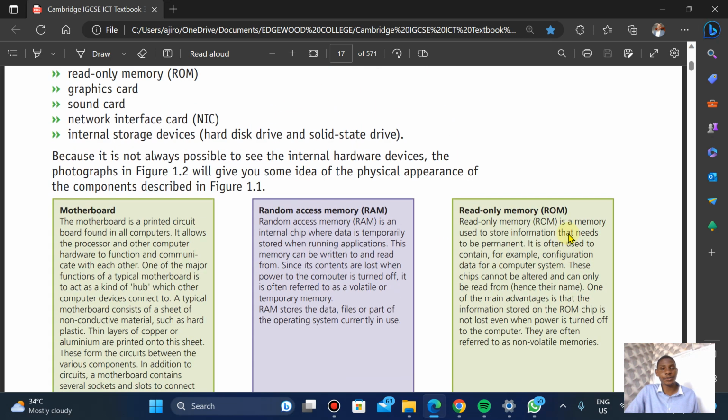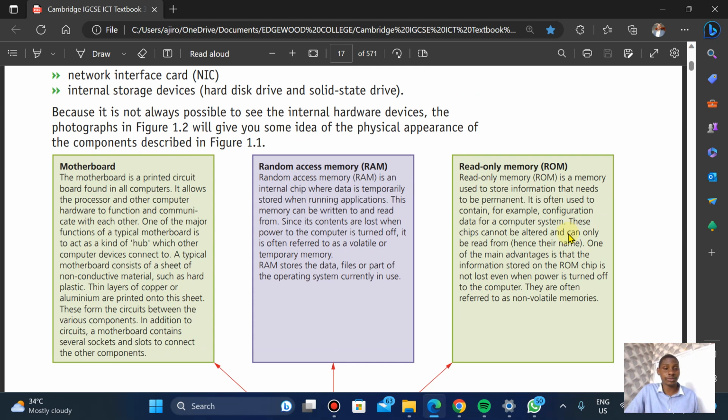So these are those components that are found inside. In more depth, you could actually look at all of this, starting with the motherboard. Now, a motherboard is a printed circuit that is found on all computers, right? It allows the processor and other computer hardware to function and communicate with each other. In the case of the random access memory, we see it as an internal chip where data is temporarily stored when running applications. Okay.